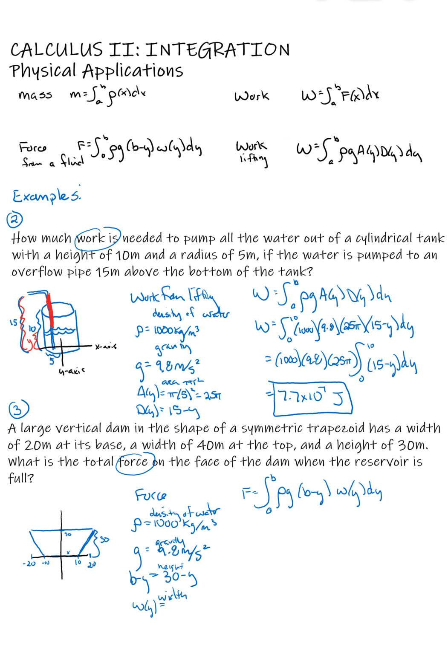Now this one could be a little more challenging. Let's take a look at this width, this whole bit here. I have marked here that this is an x, so my width will be 2x. But this has to be a function of y, so I have to write it in terms of y.